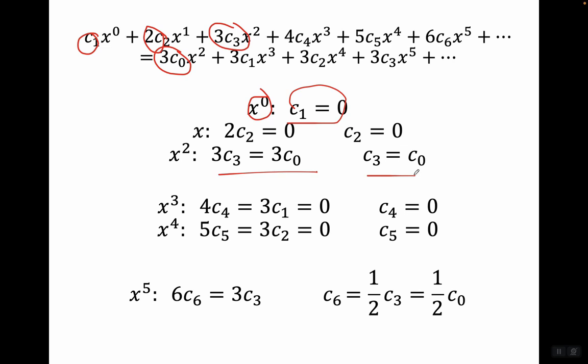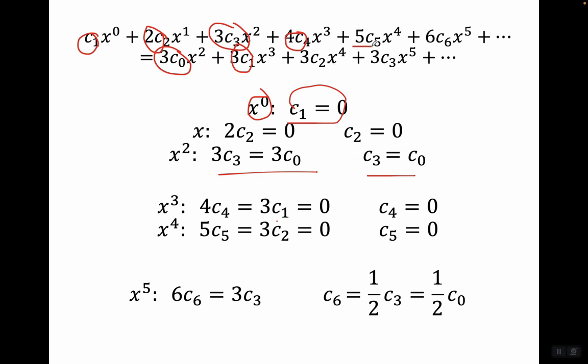And then if you continue this, you'll find c4 in the same way. You've got 4c4, the coefficient of x cubed on the left, and 3c1 is the coefficient of x cubed on the right. But we saw that c1 is 0, so 4c4 equals 3c1 equals 0, so c4 is 0.